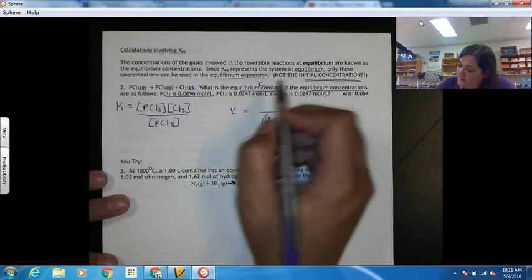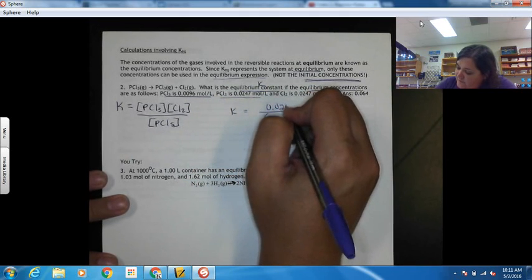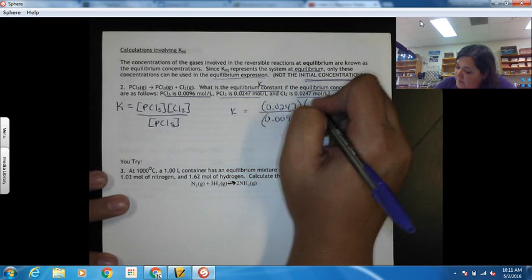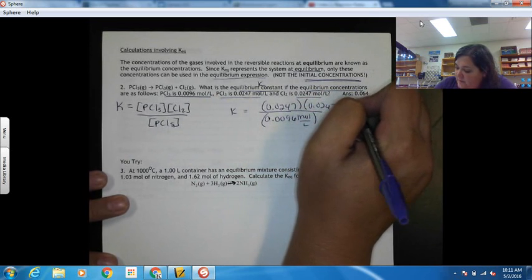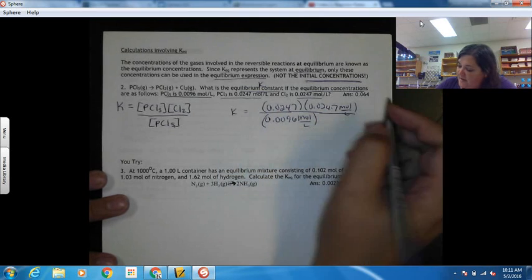And then on top we'll have our PCl3, which is 0.0247 moles per liter, times 0.0247 moles per liter. And so when we multiply and divide, then we'll get our value for K.